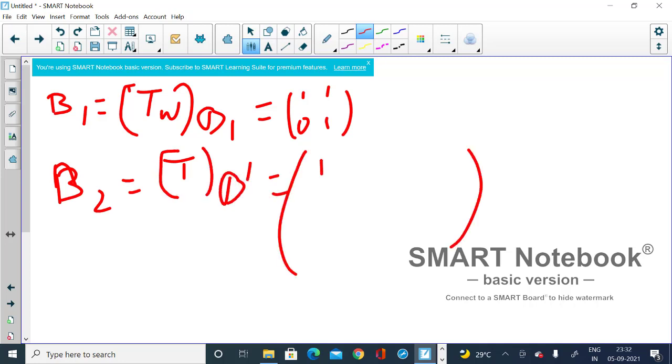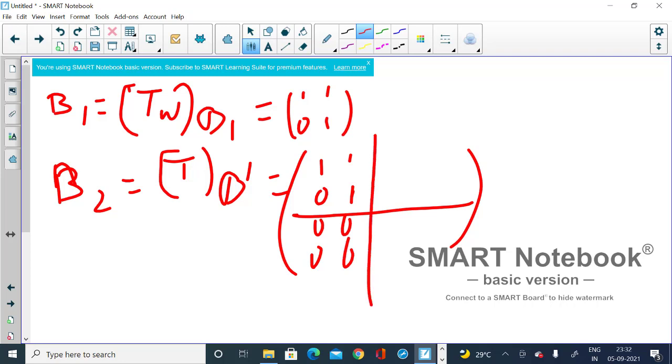Let me just check it. The first column will be 1 0 0 0, and then 1 1 0 0. That is obvious because it's block diagonal. And the next will be 0 2 1, and then minus 1 1 minus 1 1. So this is a kind of block diagonal.